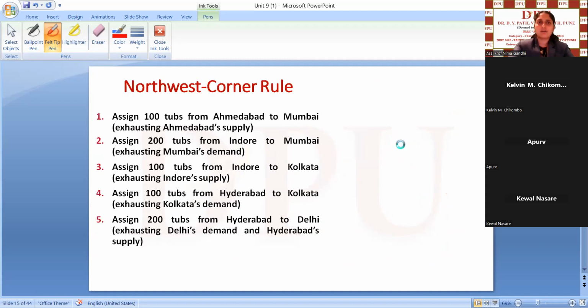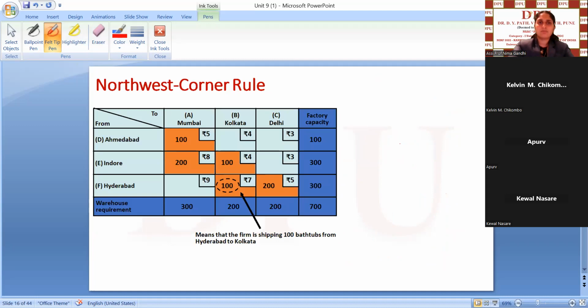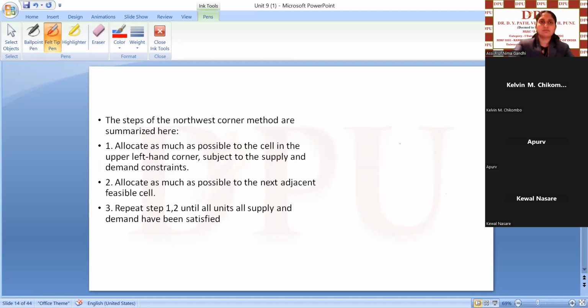So if you have a problem like this, let me write down the problem here. The same problem will solve, like Mumbai, Kolkata, and Delhi. Then we have the capacity of the production, that is the supply, right?